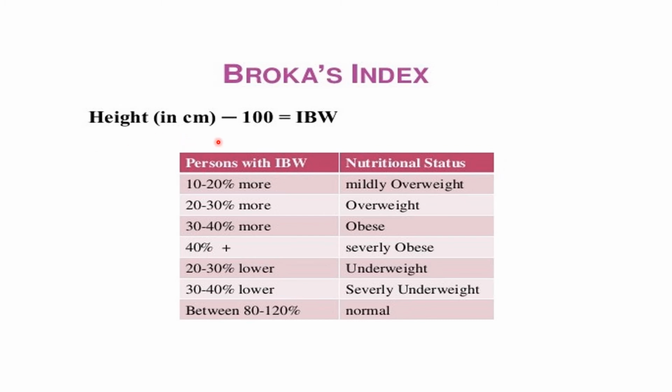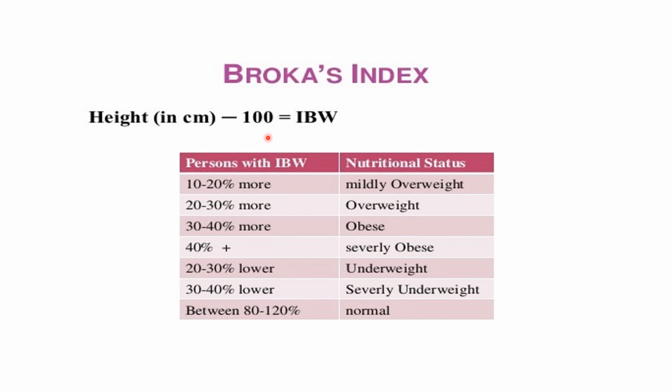Height in centimeters minus 100 will give the IBW, that is ideal body weight. IBW means ideal body weight. So how can it be done? For example, if one person is 150 centimeters, we have to subtract 100 from 150.